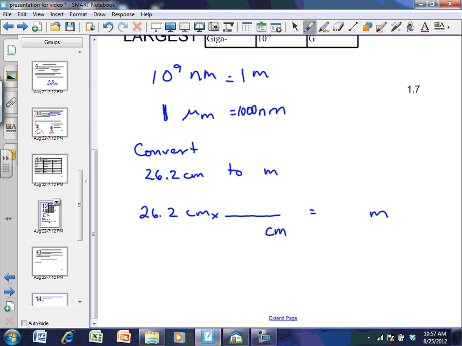Centimeters divided by centimeters will make those go away, because that equals 1. And then I'm going to put the unit that I want to go to in the numerator. This is called a conversion factor. It's going to allow me to convert from one unit to the other.